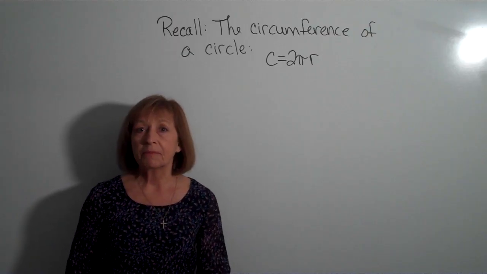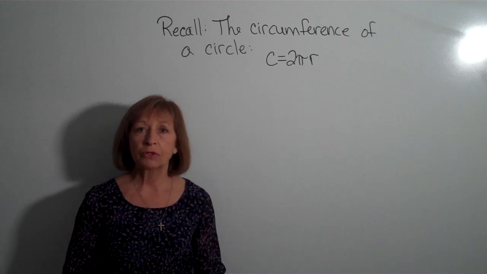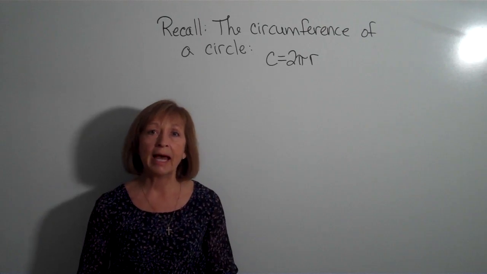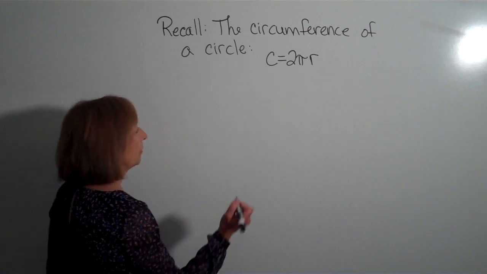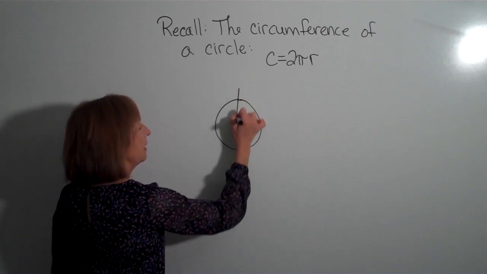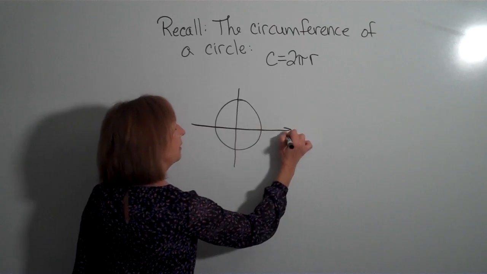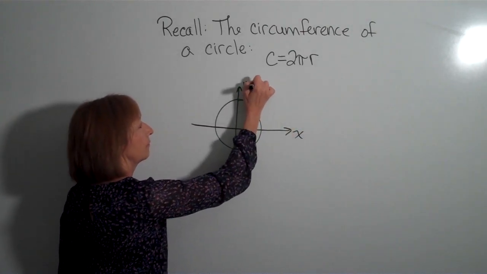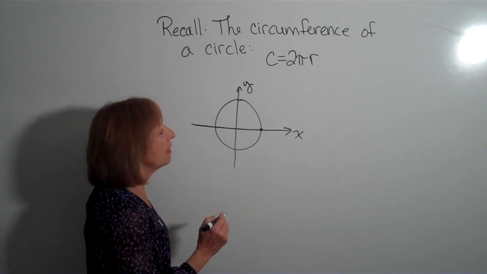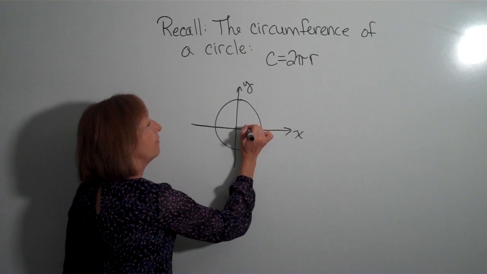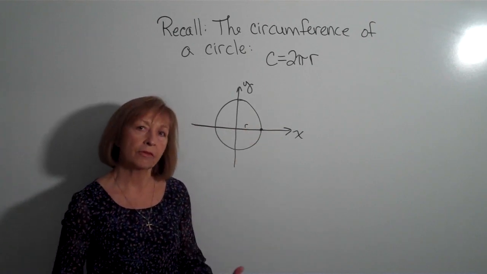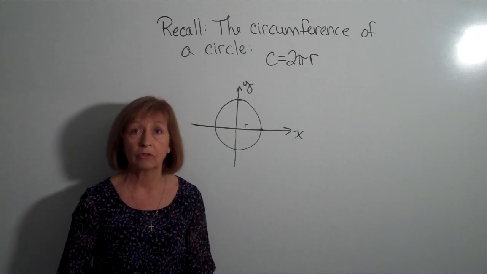Now, let's remember something from geometry. Remember that the circumference of a circle is 2 pi r. So 2 pi times the radius. So if we have a circle superimposed on the xy plane, and I start at the positive x-axis on the circle, some of you have maybe been in other classes where they've discussed the unit circle before.